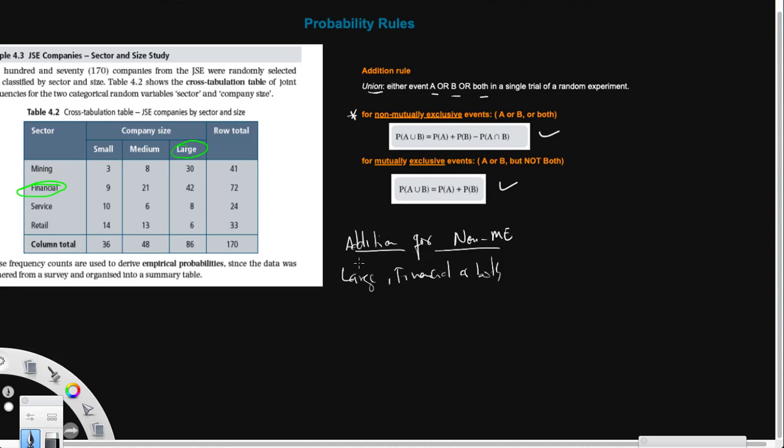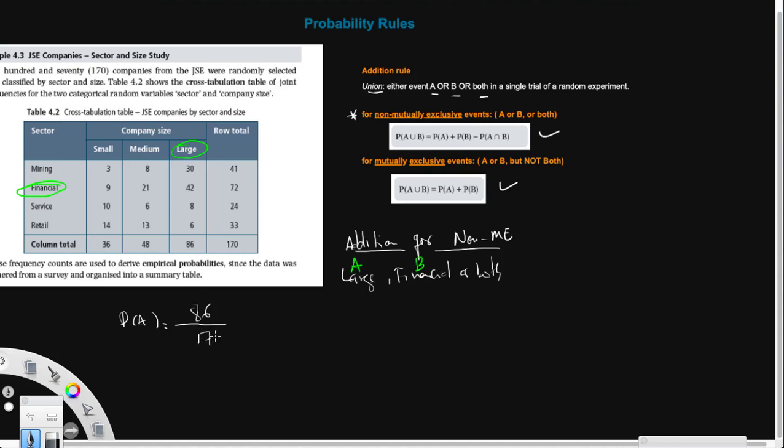So let's say now A is the event of large and B is financial. A way we can work it out is that we first do the probability of event A, large. I look at the total of all the large companies, which is 86.